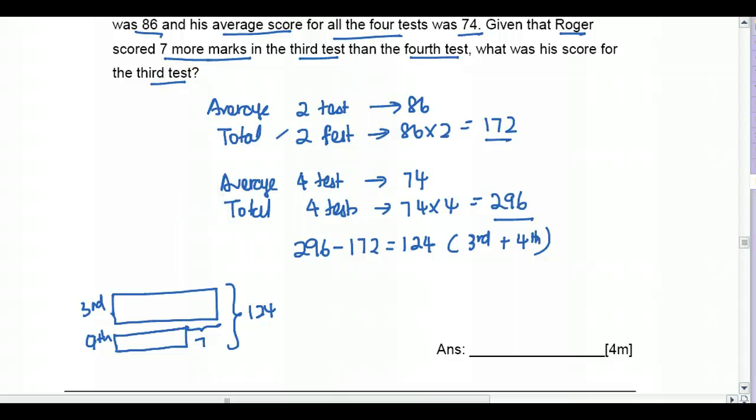So third test, I can add a 7 here. So 124 plus 7, which is 131. 131 divided by 2. So he actually scored 65.5 marks for his third test.